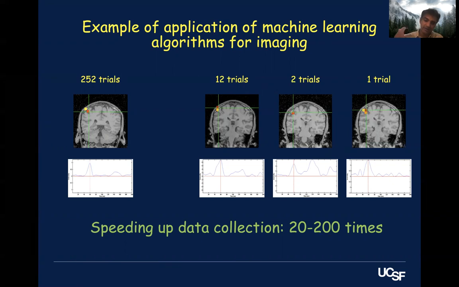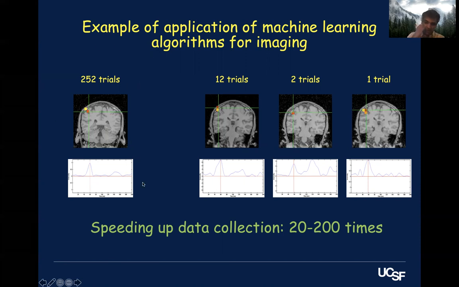Usually, to extract reliable information about where in the brain is somatosensory cortex and when it gets activated in response to a stimulus, you need to repeat the stimulus many, many times, typically about 250 times. You tap someone's skin and you average the brain response and figure out where it's coming from. That's what we typically do clinically.